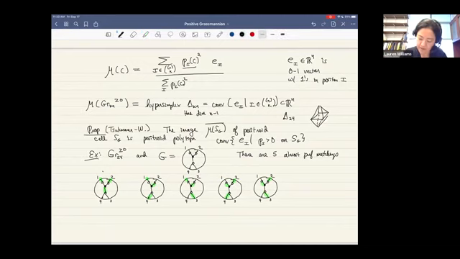And then we look at which boundary vertices are touched by an edge in the matching. Here we get 1, 2. Here we get 1, 4. Here we get 1, 3, 2, 4, and 2, 3.